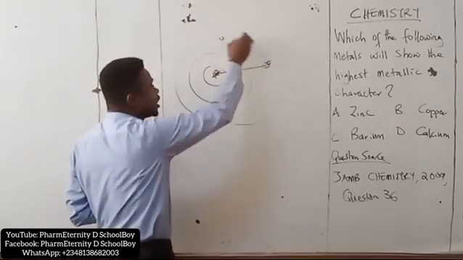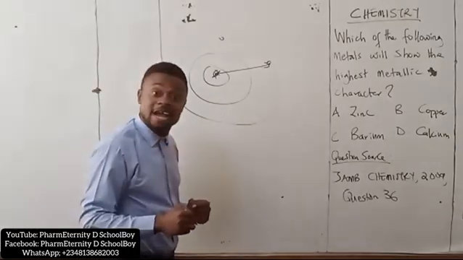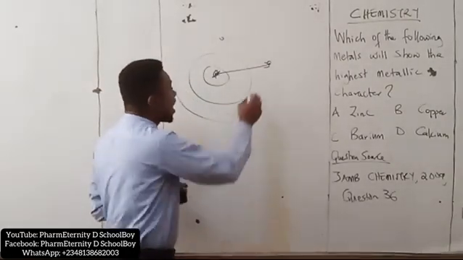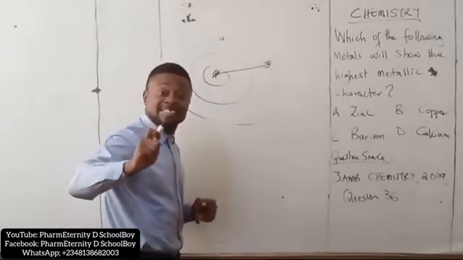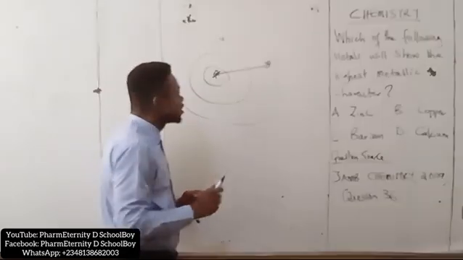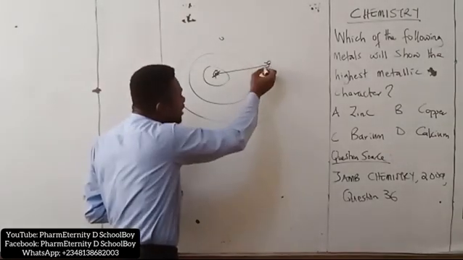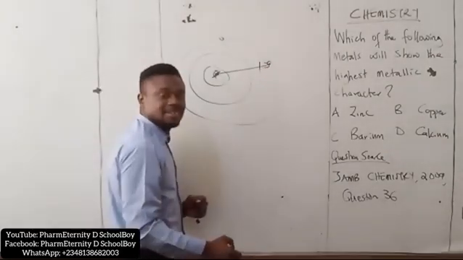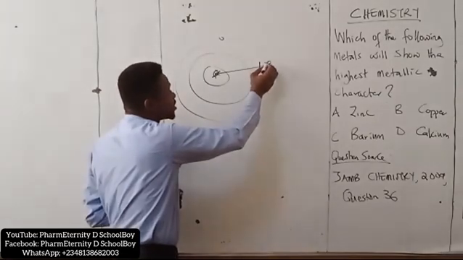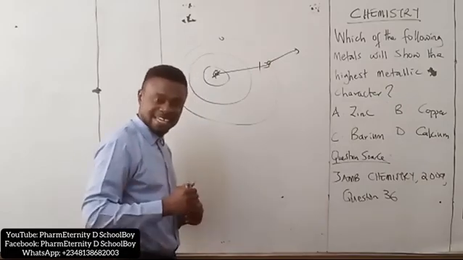This attraction keeps the electron revolving. So before a metal can lose its outermost electron, energy is needed to conquer this attraction for the electron to be lost. That is what is called the ionization energy.